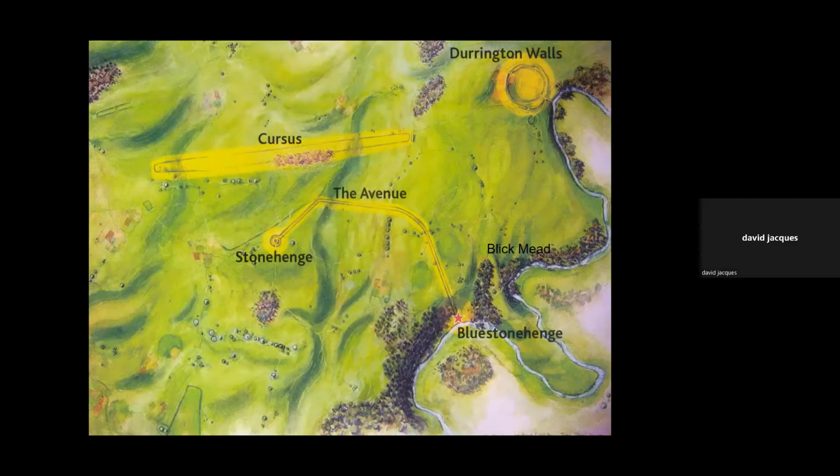The fact that the Cursus is there a good 1000 years before the Sarsens are erected at Stonehenge shows that there are very long memories in this landscape. And if you look across to where Blick Mead is, right centre of the slide, then we're potentially taking this story a lot further back. And as you'll see, this is really exciting.